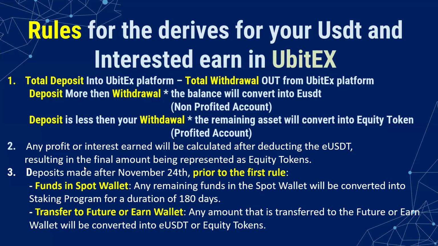Okay, now we go to the rules for the derived USDD and interest earned in UBX. The first rule always applies, meaning total deposit into the UBX platform minus total withdrawal out from the UBX platform. If deposit is more than withdrawal, the balance will convert into EUSDD, so this account will be shown as a non-profit account.